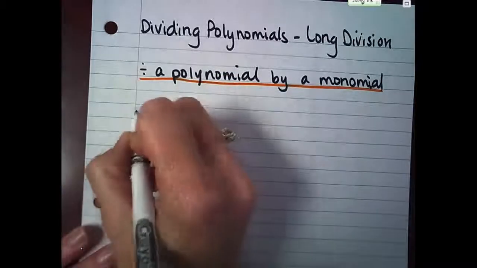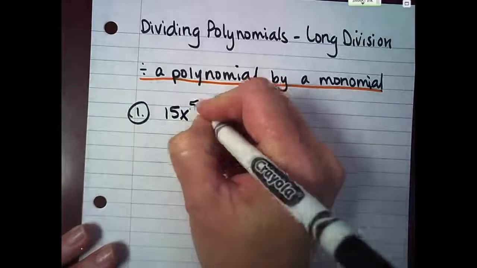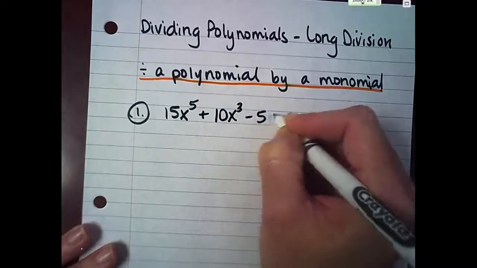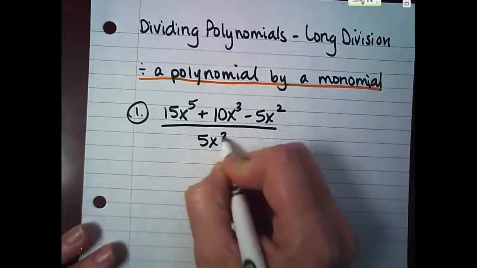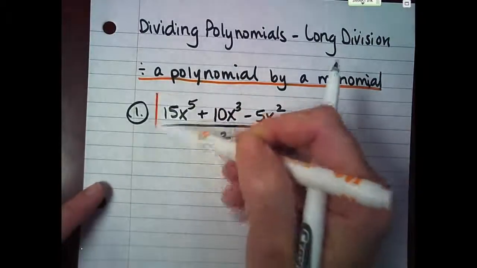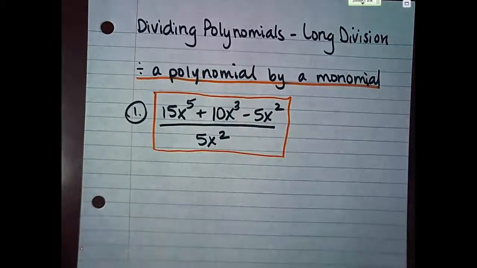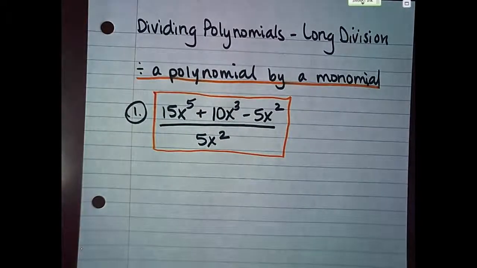So for example, for number 1, it said 15x to the 5th power plus 10x cubed minus 5x squared divided by 5x squared. And here's a common misconception kids tend to have. For example, you might have 8x squared plus 3 divided by 2.